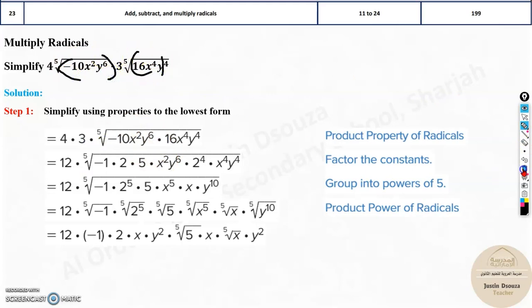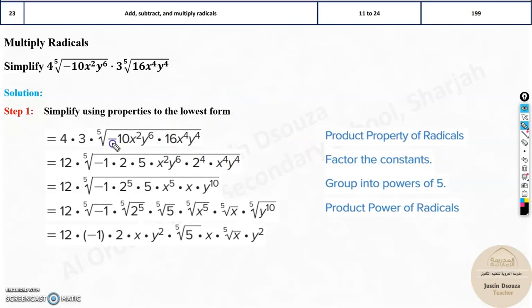So you can see the radical is the same, minus 10x squared y to the power 6 into 16 y power 4, x power 4 and y power 4. Now what you need to do is simplify the 10, right? Radical 10 must be simplified. And one more thing, remember, it doesn't matter whether there is minus 1 or plus 1, because it's an odd power. It's not imaginary, it is proper, because it's an odd power.